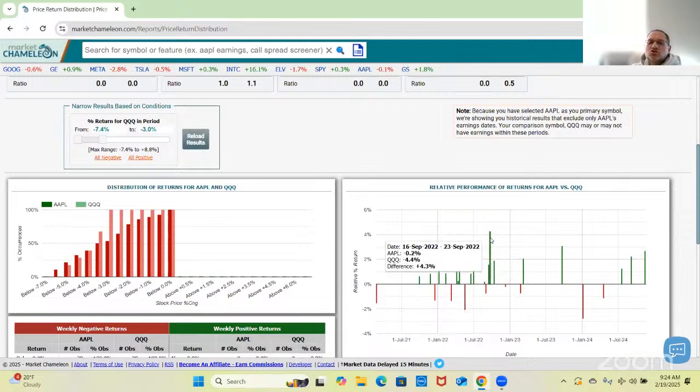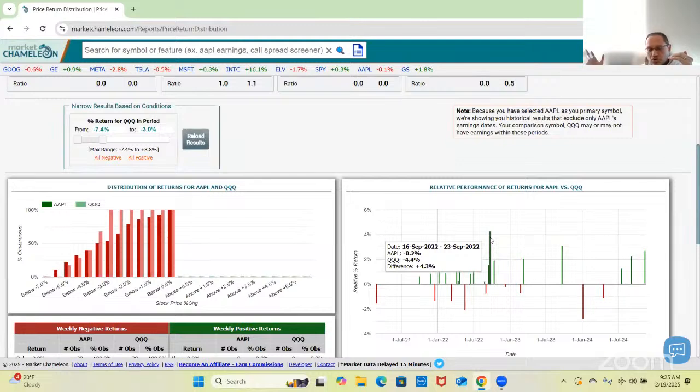The green ones show us where Apple overperformed. So here Apple was down 0.2% versus QQQ down 4.4%. So Apple overperformed. So if you did a pair strategy where you bought $1,000 worth of Apple, sold $1,000 worth of QQQ, so you're short $1,000 worth of QQQ, long $1,000 worth of Apple. Well, if QQQ is down 4.4%, the $1,000 you're short, you've made, right?